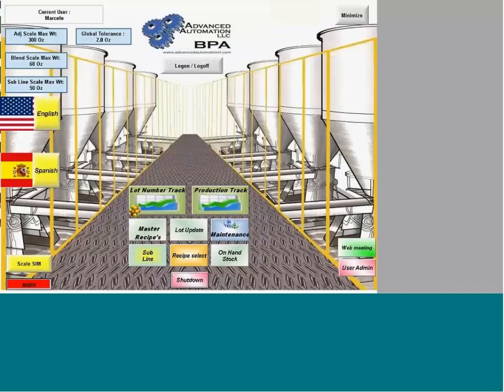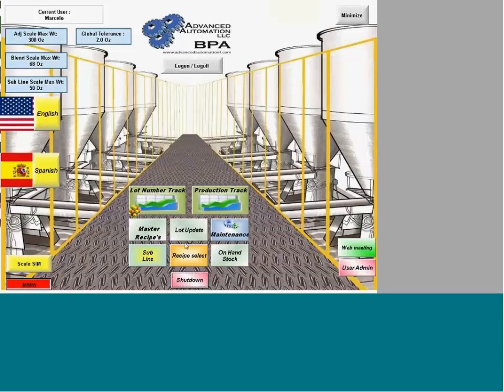So this is the actual system. The first page at the operation, what we're looking at here is a supervisor screen. There's a lot more information here on the upper left that the operators won't see, but we'll just go for the purpose of the demo. The operator first logs in, they have a specific login, and you'll see here the current user is myself.